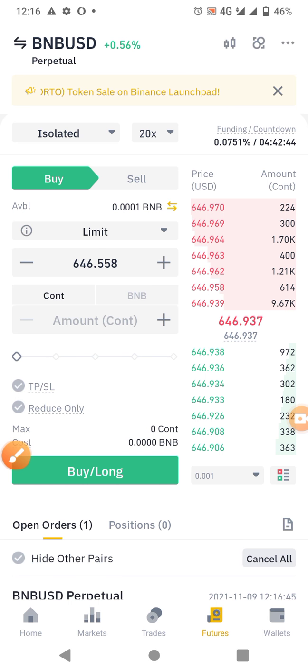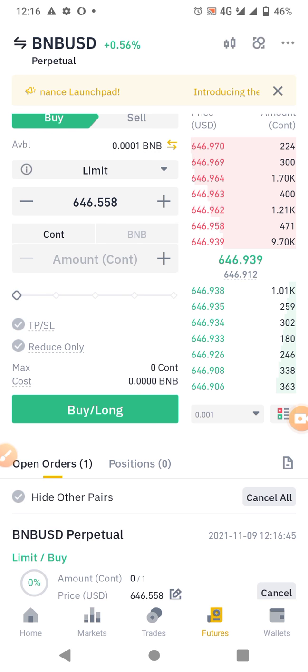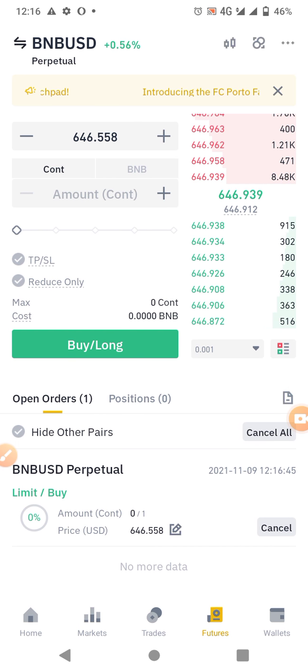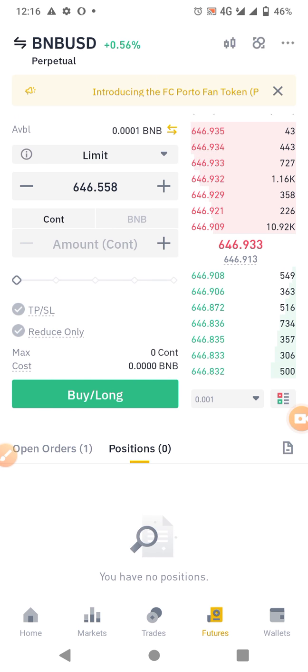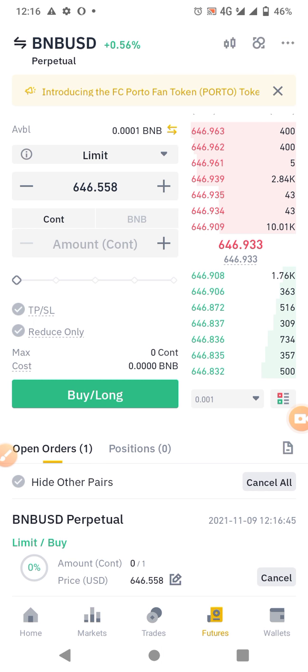Because the trade has not yet clicked, that's why I'm showing it here. Once it clicks, I'll see it in this position. But let me just cancel it, so I'll just start the position straight, because I don't want to elongate this video.